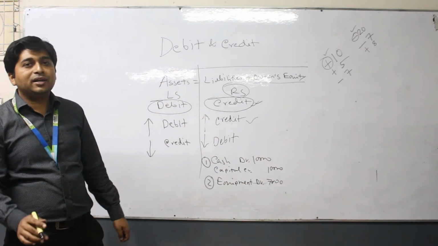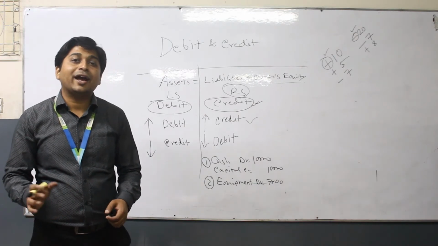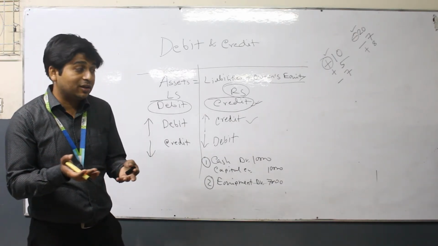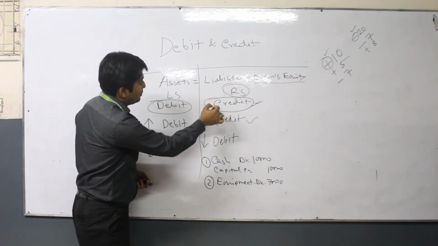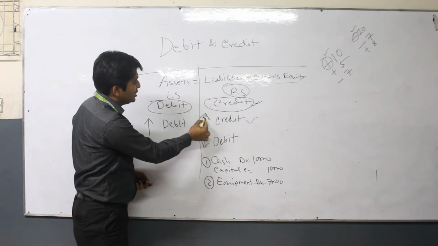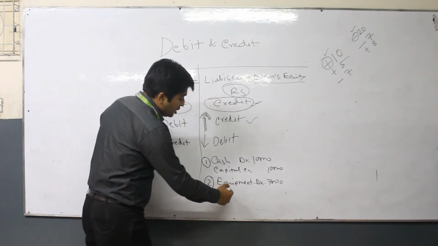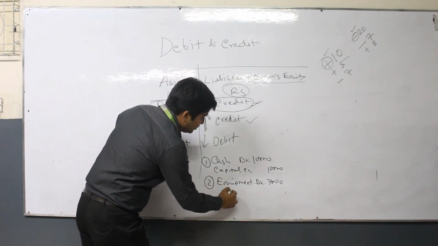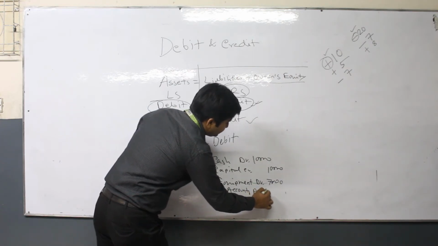And I have said this equipment is purchased on account. That means we are not paying money, that means the liability will increase. And if the liability increases, this is the right side, the basic signal is credit, so that should be considered credit. So of course the liability will be credited here, and the name of the liability we have used is accounts payable.